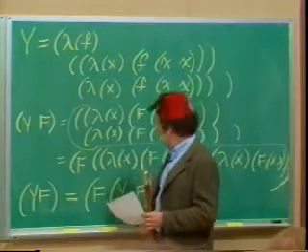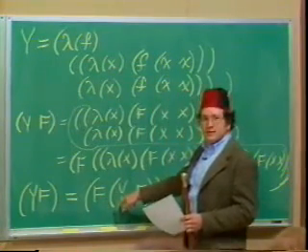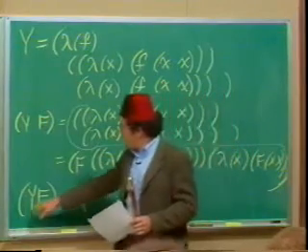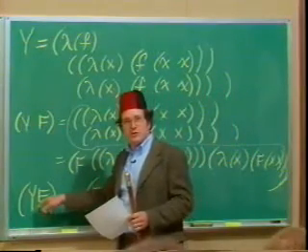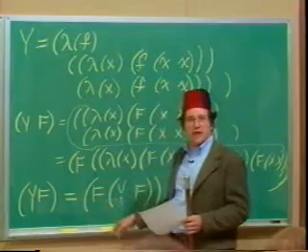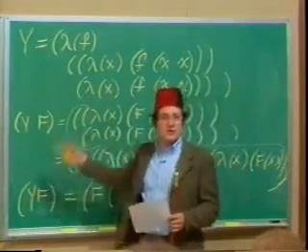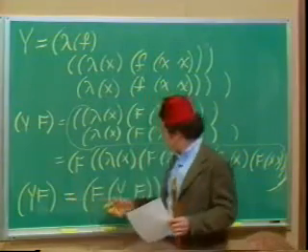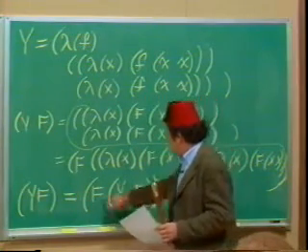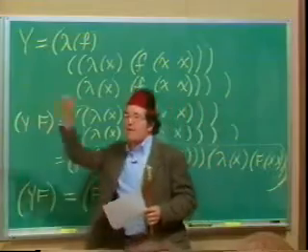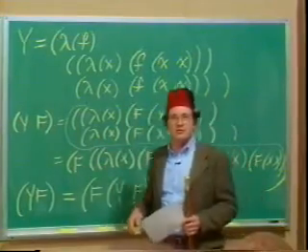So y is a magical thing which, when applied to some function, produces the object which is the fixed point of that function, if it exists, and if this all works. Okay? Because indeed, if I take y of f and put it into f, I get y of f out.